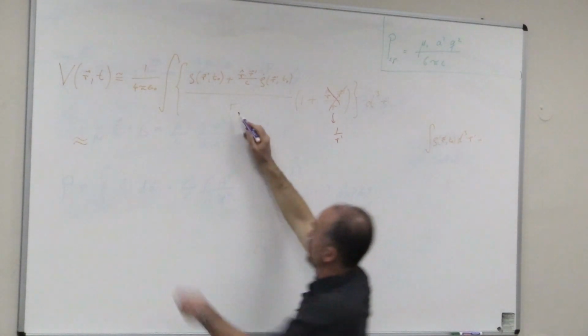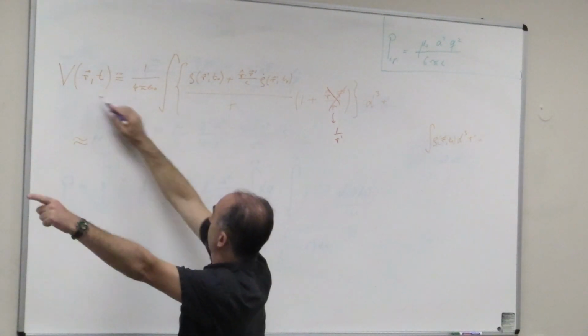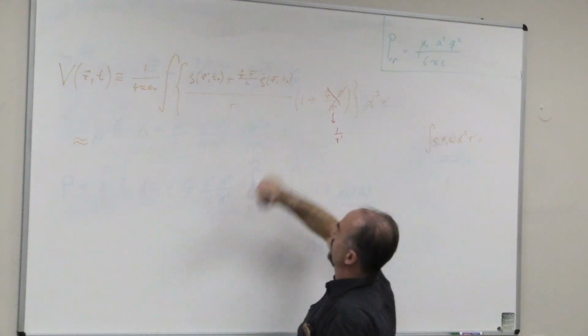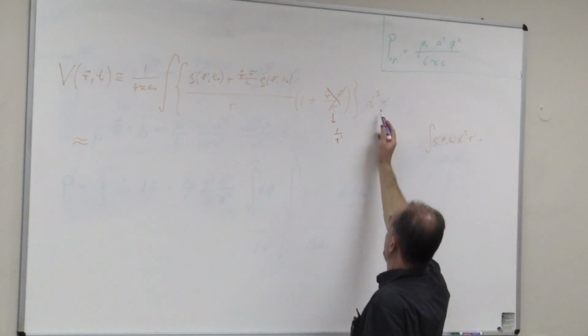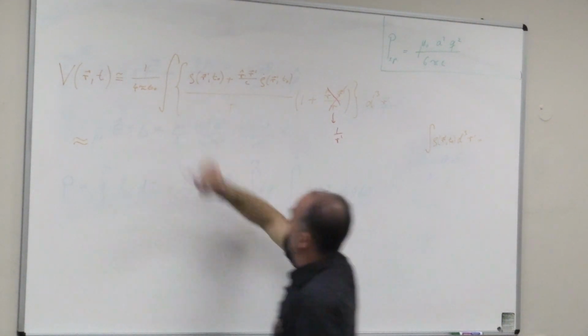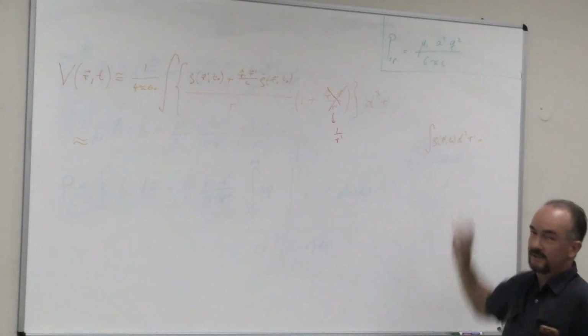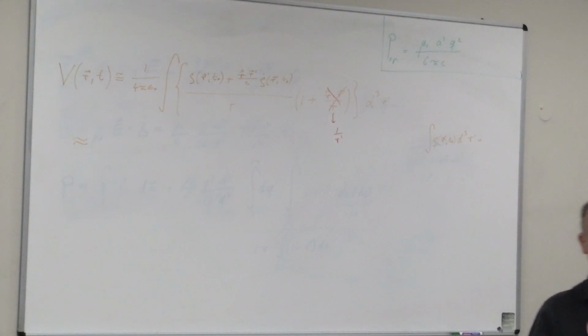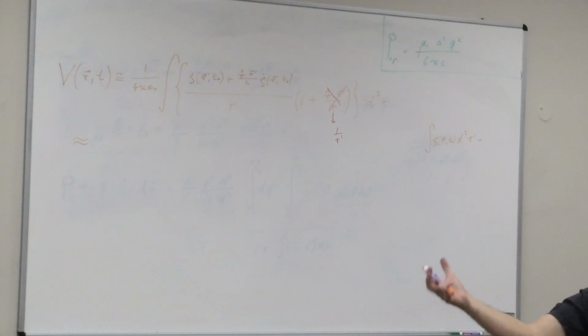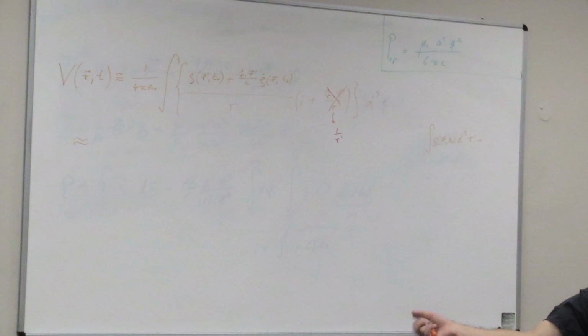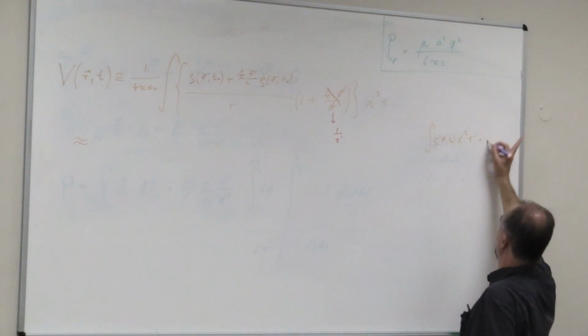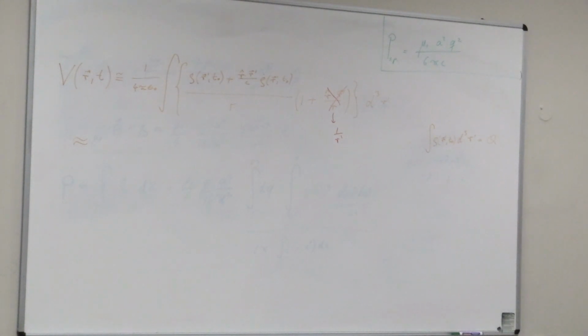Everything else depends only on our coordinates, not anything in the source. So really the integral integrates over rho. What is that? Charge density integrated over the whole volume. What does that give you? The total charge, right? That is your total charge. Good.